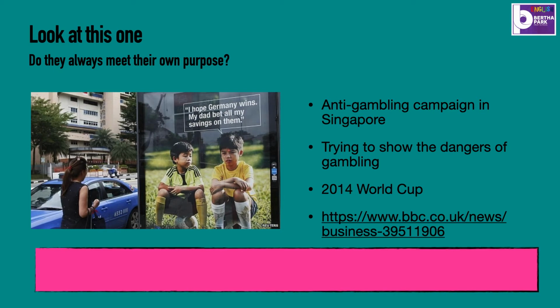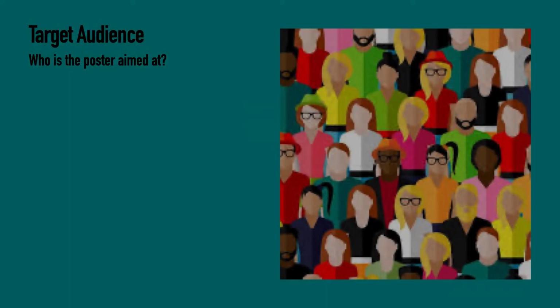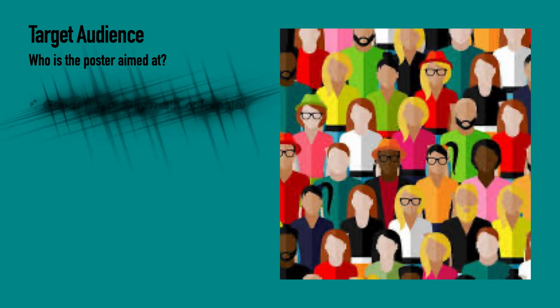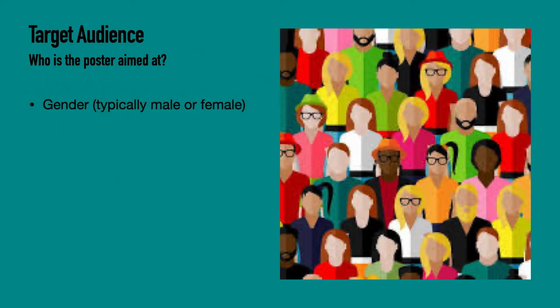So we've looked at purpose. Now we're going to focus on audience. Who is the poster aimed at? Now, when we try and work out an audience, there's a few things to keep in mind, especially for advertising. So they might be aimed at a particular gender, typically male or female, a particular age group, maybe people from a certain race or ethnicity, people with certain roles in life.